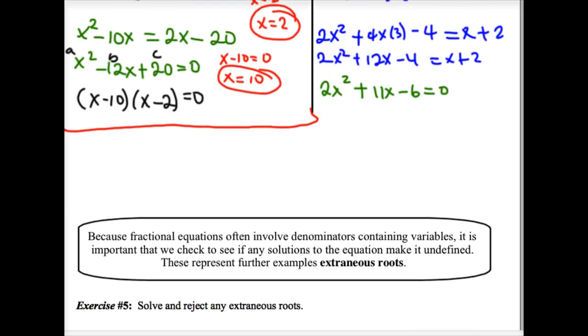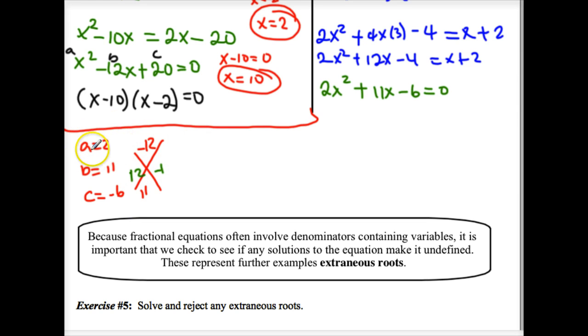So those of you that forgot, how do we do this? My a is 2, my b is 11, my c is negative 6. This becomes negative 12 and 11. Two numbers, when I multiply it, I get negative 12, but when I add it, I get positive 11. It's 12 and negative 1.